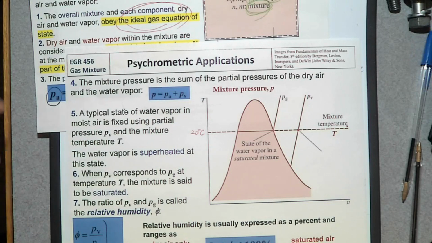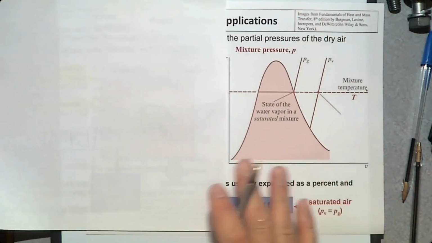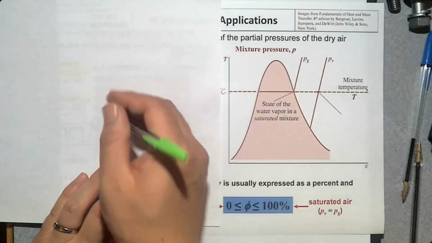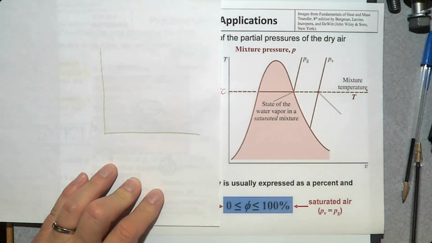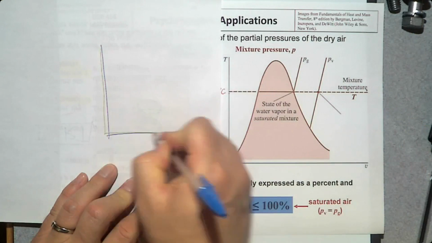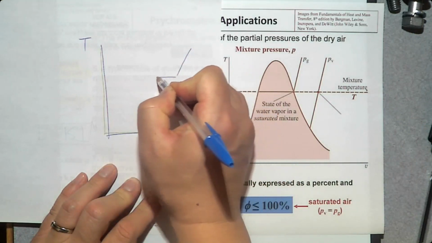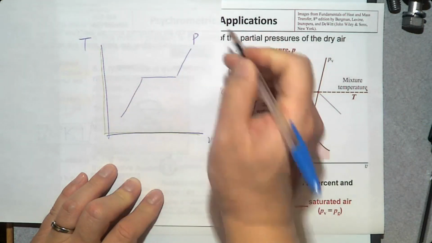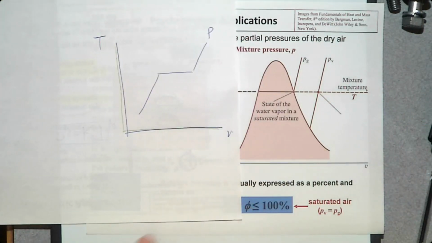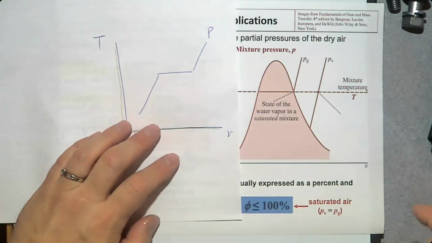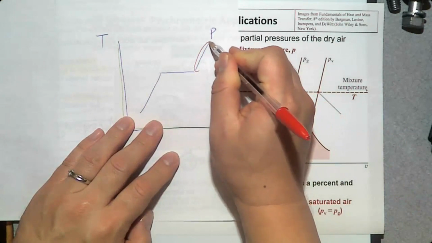You may remember, if we make this PTV diagram in Thermodynamics 1, if you make a TV diagram, the graph looks like this for a given pressure. When we talk about the water vapor in moist air, that is this one, water vapor.